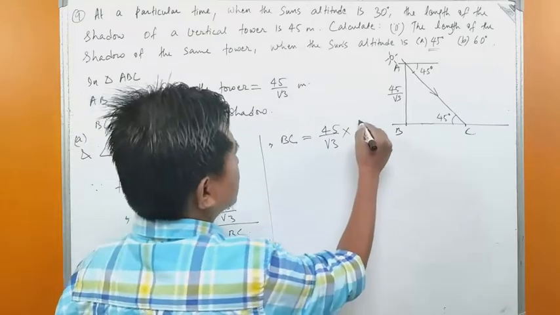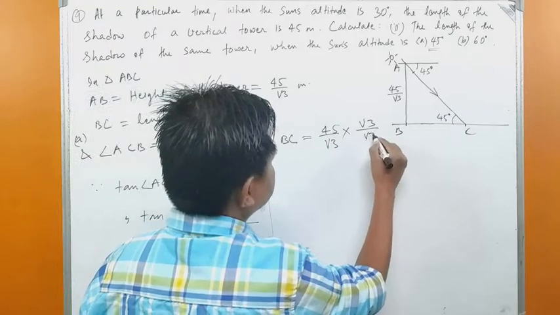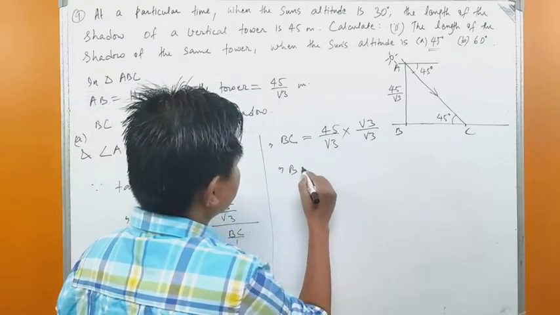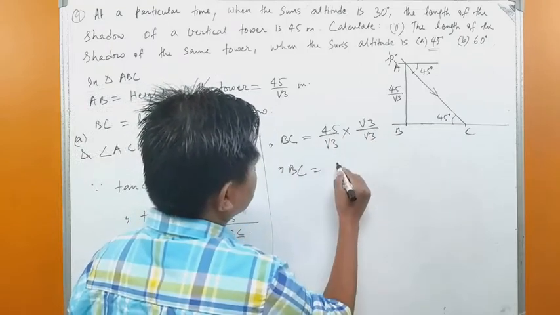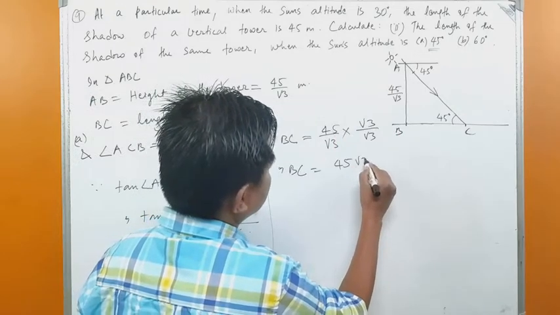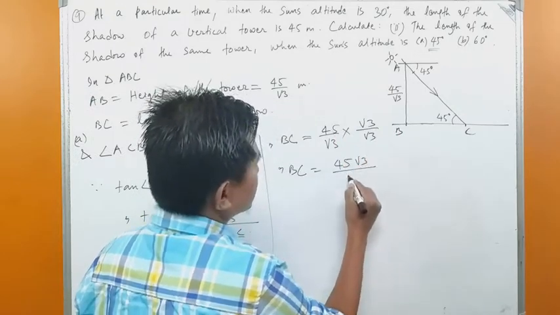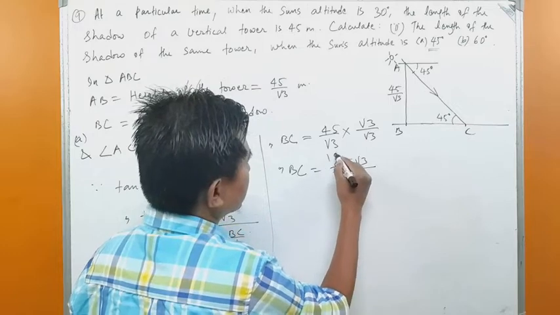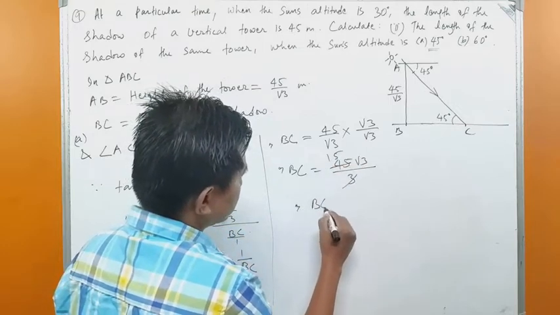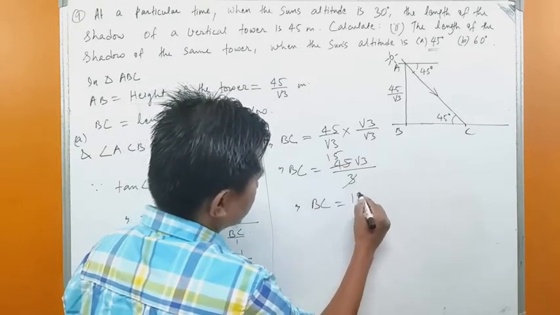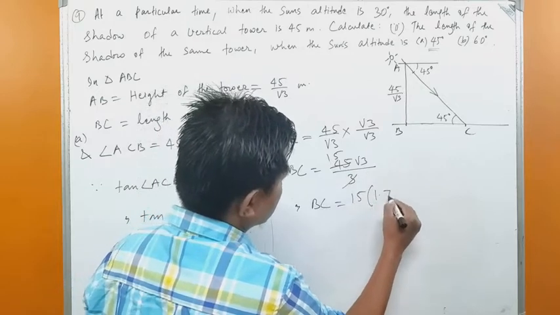So we rationalize this, multiplying and dividing by root 3 in the numerator and denominator as well. 45 into root 3 is 45 root 3. Root 3 into root 3 is 3. 3 1 is 3, 3 15 is 45, or BC equals 15 root 3.